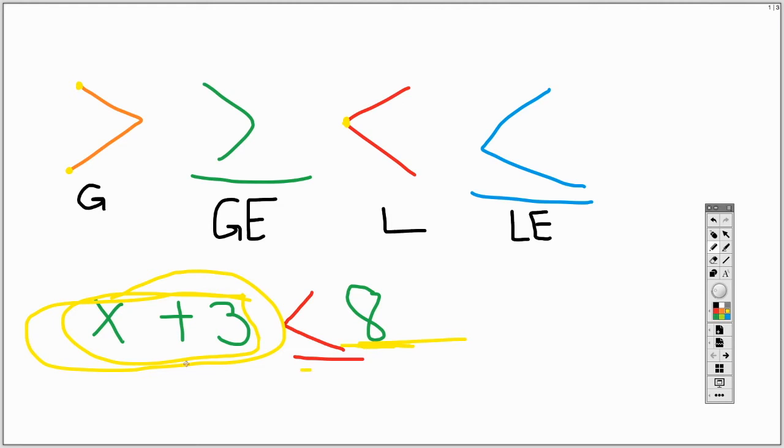And the less than or equal to could mean that x plus 3 is less than 8 or equal to 8. So this is what all these four signs mean, and that's the only change between equations and inequalities. It's these signs. Now that we've cleared it up a little bit, we're going to begin solving inequalities.